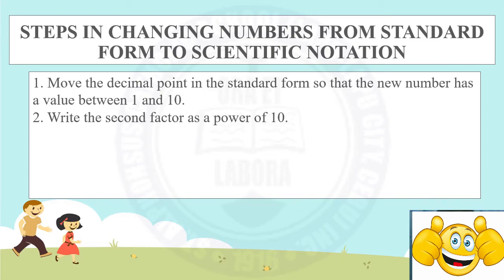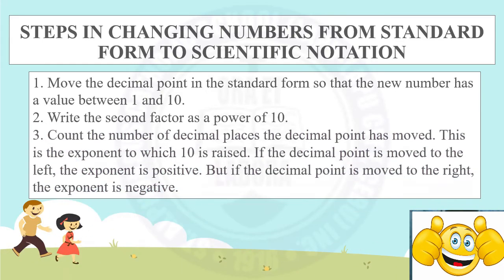We'll use 10 as our factor. Step 3. Count the number of decimal places the decimal point has moved. Again, the decimal point will move either to the right side or to the left side. This is the exponent to which 10 is raised.